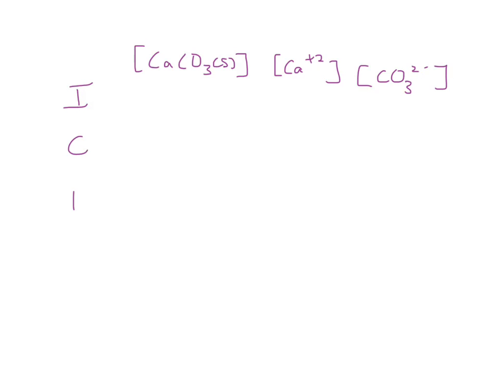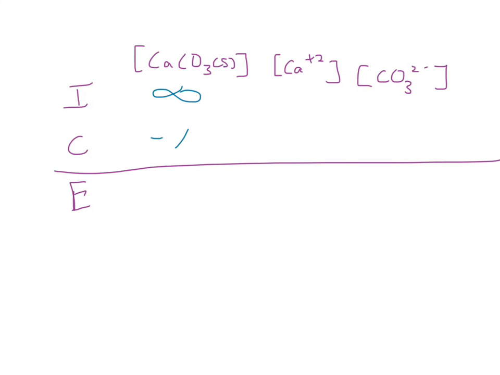Initial, change, and equilibrium concentrations. Like before, the initial concentration of your solid is basically an infinite amount. Like you saw on the previous slide, we're going to let X be equal to the molar solubility.